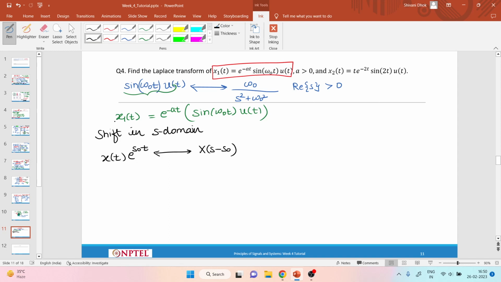Now if we observe carefully, this signal x1 of t and this are having the same format. So this is my s naught here, that is, s naught is equal to minus a, and if I use this property, then we can easily find the Laplace transform of this without finding it explicitly using the integration expression.